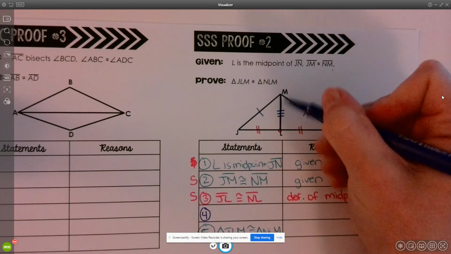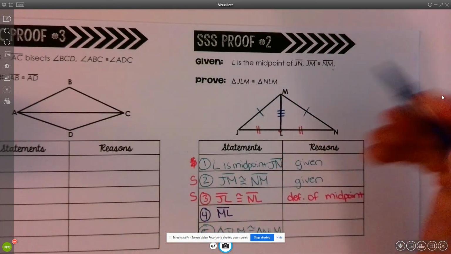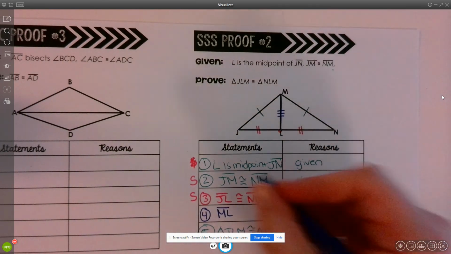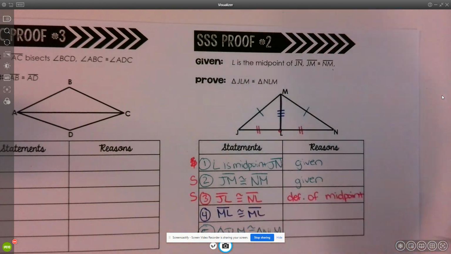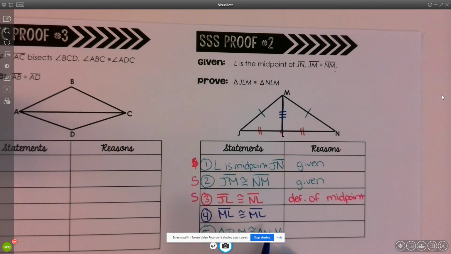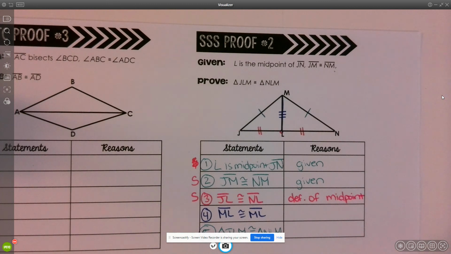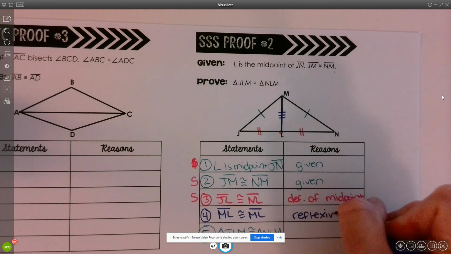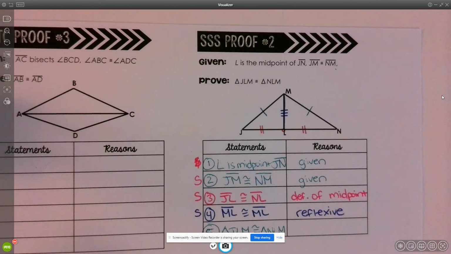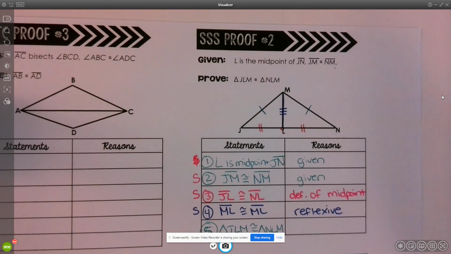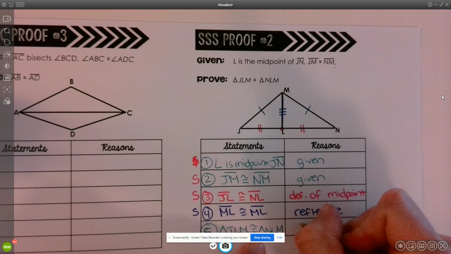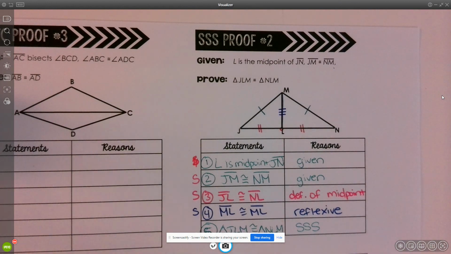I know that line segment ML on this triangle has to be congruent to line segment ML on this triangle because it's the same exact line segment, and anything has to be congruent to itself. That property that says something is congruent to itself is the reflexive property. And so from there, I've got three pairs of congruent sides in these two triangles. So triangle JLM is congruent to triangle NLM by the side-side-side congruence theorem.